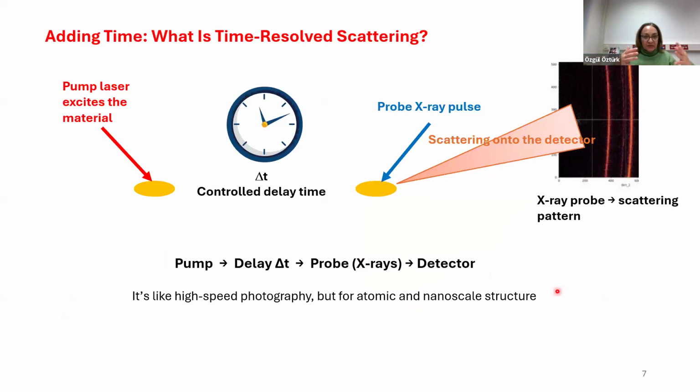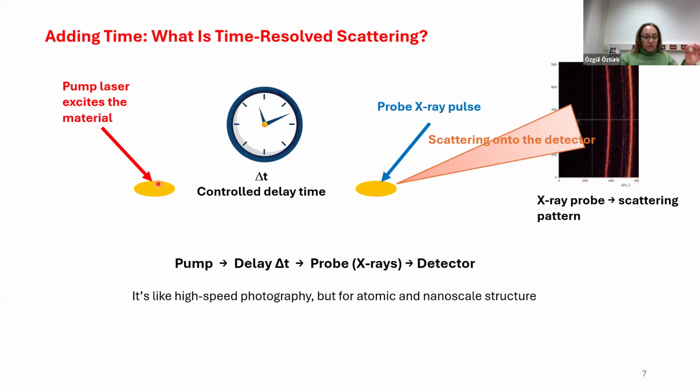And what is time-resolved scattering? If we add time to the scattering, what happens? Up to now, what I showed you, what I discussed, was static. It's like a single snapshot of the structure. But in time-resolved scattering, we add a second clock. First, a pump laser excites the material.